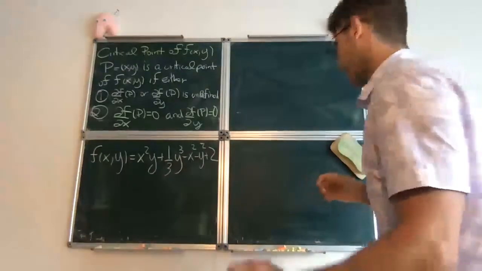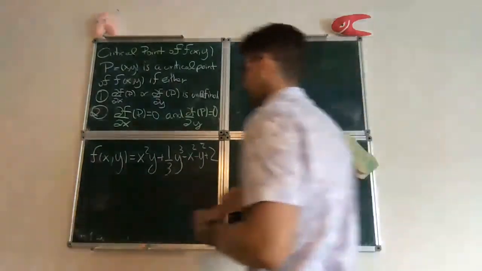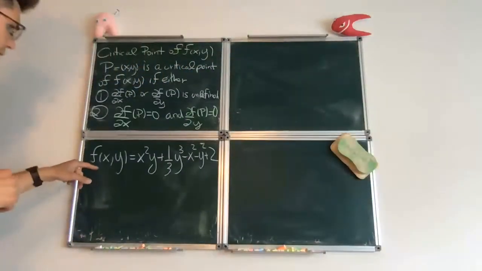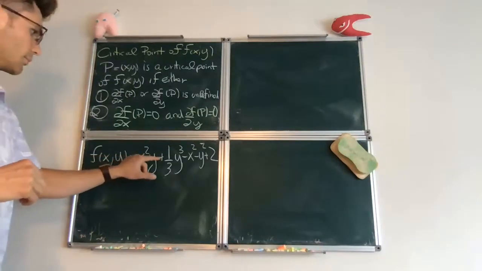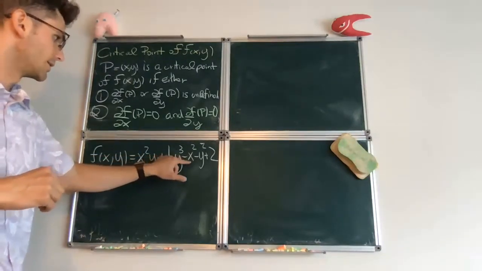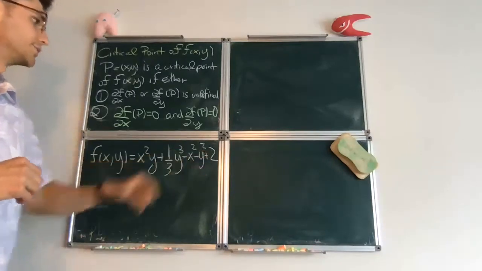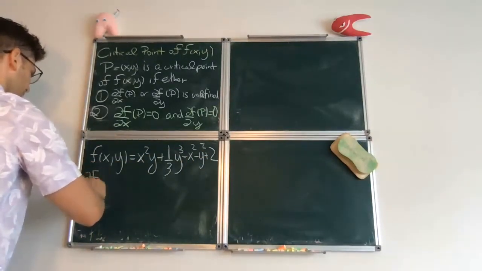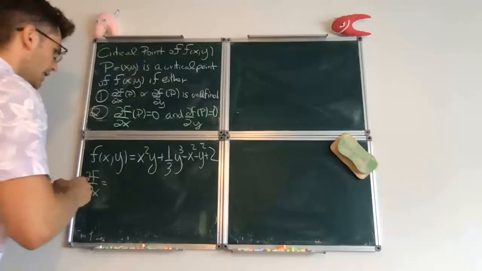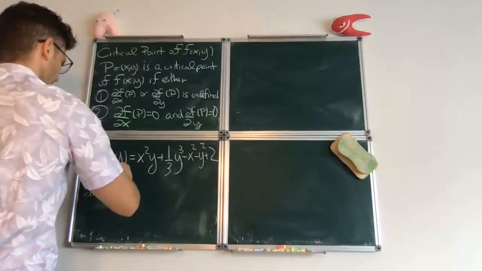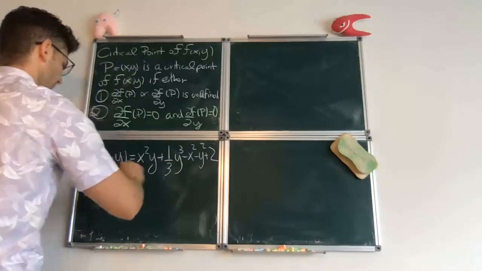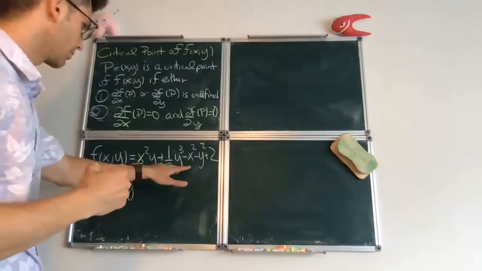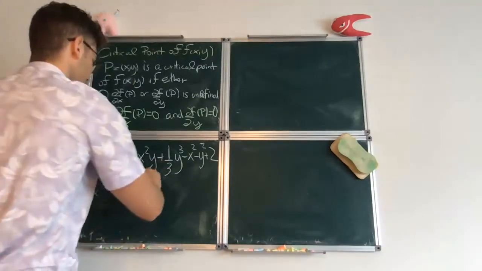So let's try to find the partial derivatives. In this case, our function f will be x squared times y plus a third of y cubed minus x squared minus y squared plus 2. So if you find the partial derivative with respect to x, you get 2xy. This term goes away, then you get minus 2x.